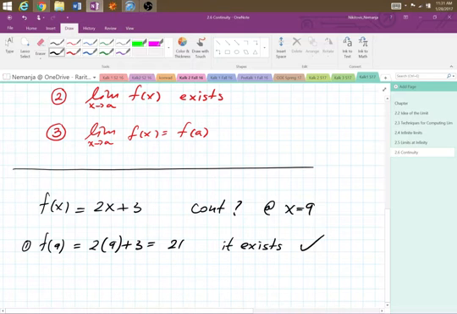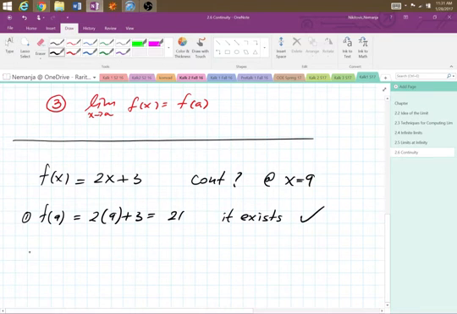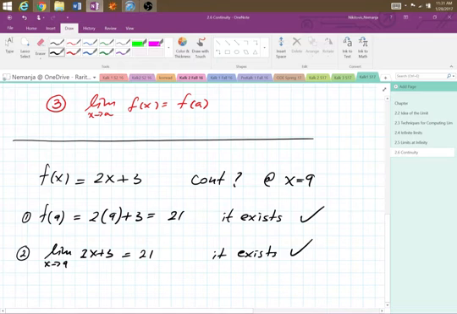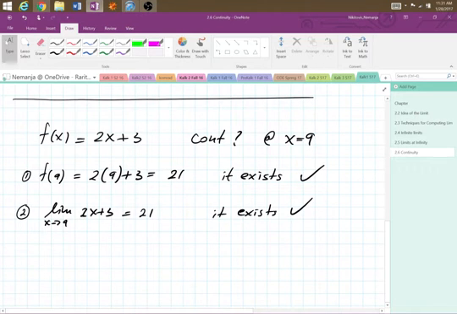It exists. Awesome. Then we go to number 2. Does the limit of 2x plus 3 as x goes to 9 exist? Yeah, right? It exists. Awesome. And then we go to number 3. Are they the same? Yes, in this case they're the same.